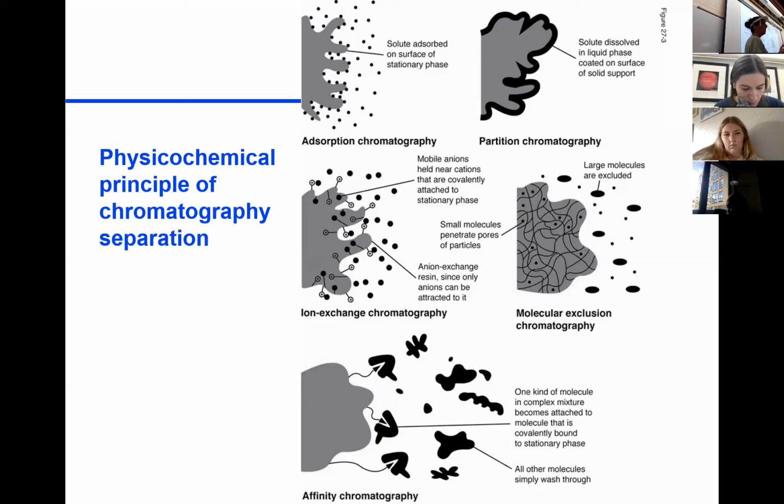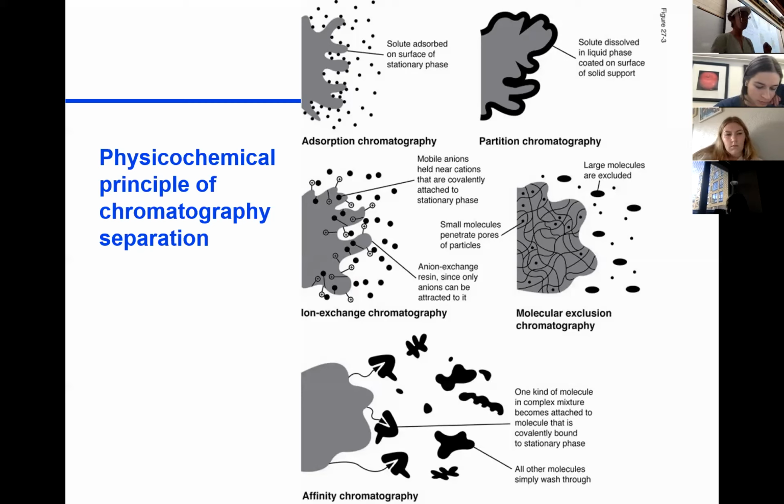It will be delayed because it goes into all of these different pores of different sizes. The large ones, however, will have access only to particular pores of larger size, so they won't go in and get lost in the pores. They will just move faster.